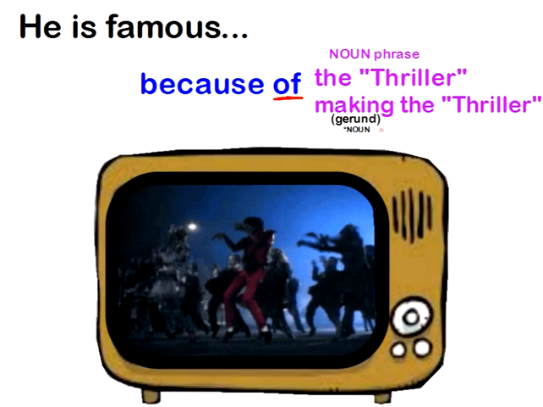So I can use a verb when I use because of, but if I do that, I need to make the verb into a gerund. Okay? So again, when I use because of, I'm using a noun phrase to describe why, or a gerund, which is also a noun. Okay, let's look at another way we can describe why.